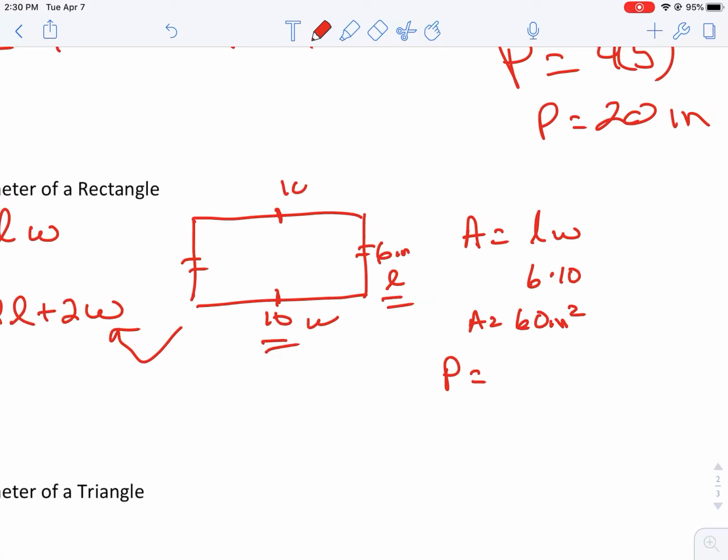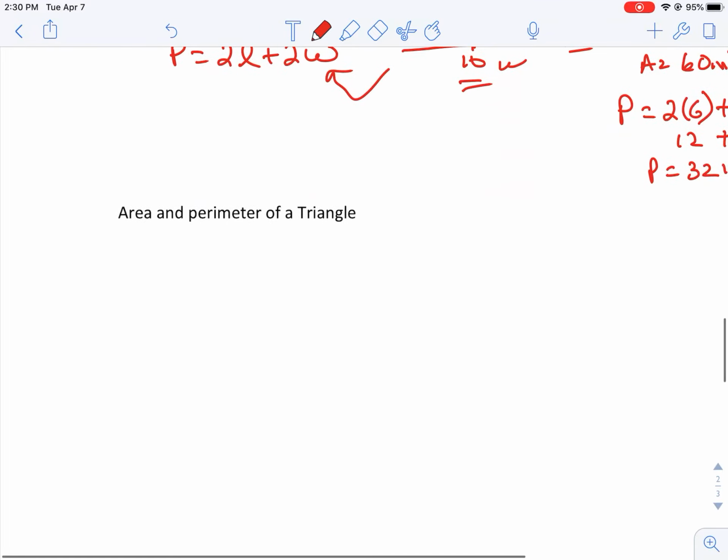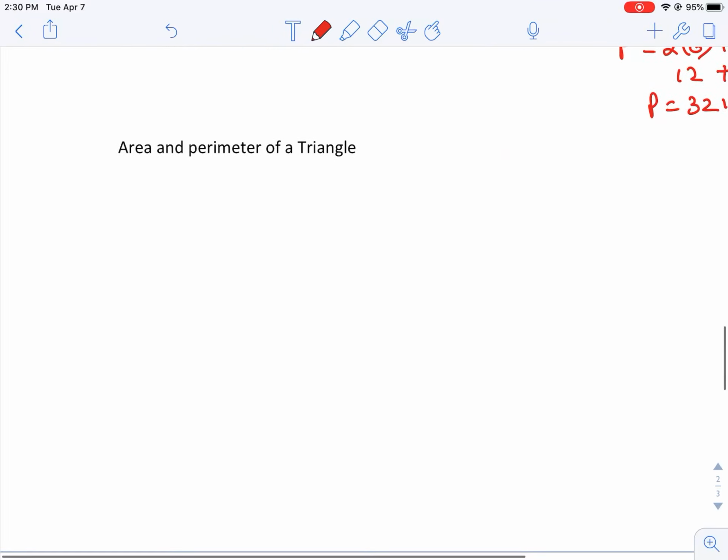But the perimeter is this side plus this side plus this side plus this side, or 2 of the lengths, 2 times 6, plus 2 times the width, 2 times 10, and this is 12 plus 20, or the perimeter equals 32 inches. Okay? So you have 2 formulas.